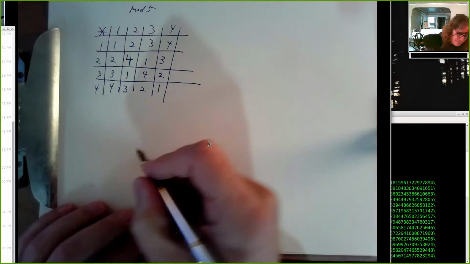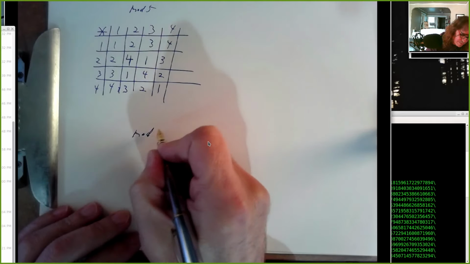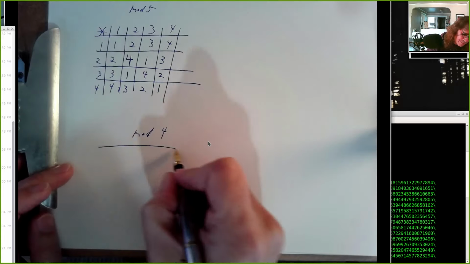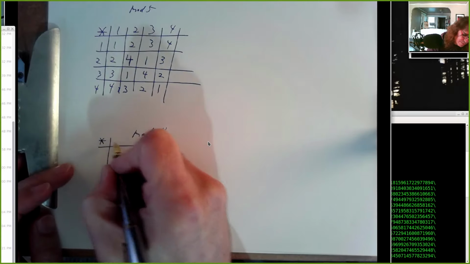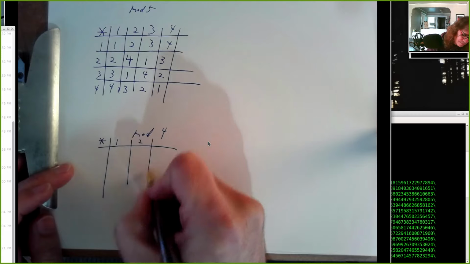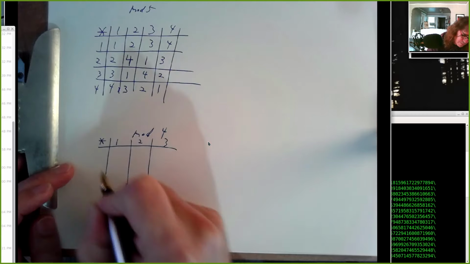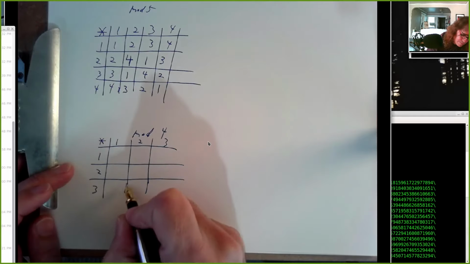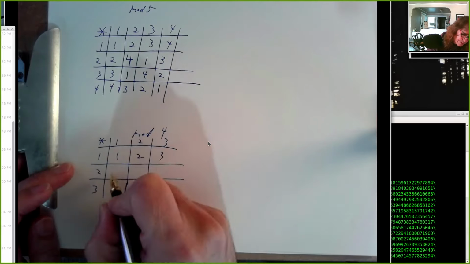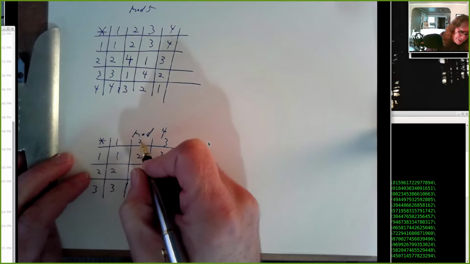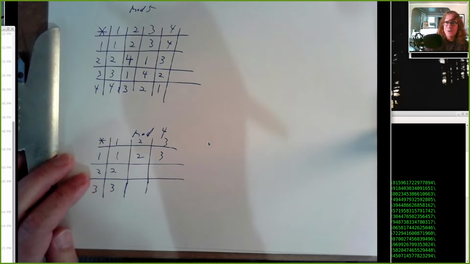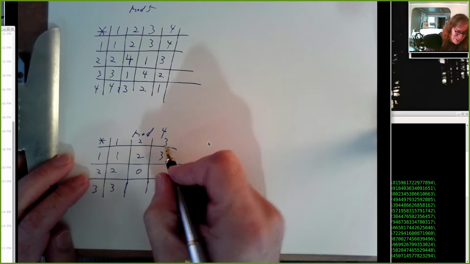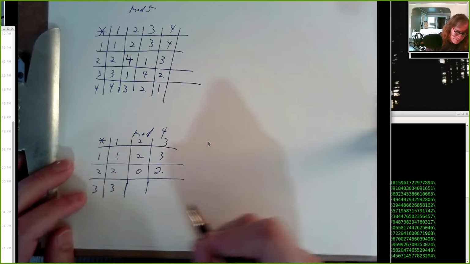All right, let me do modulo 4. All right, 1, 2, 3, 1, 2, 3. 2 times 2 is 4. 4 is an exact multiple of 4, so this is 0. 2 times 3 is 6, that's 2 more than a multiple of 4.